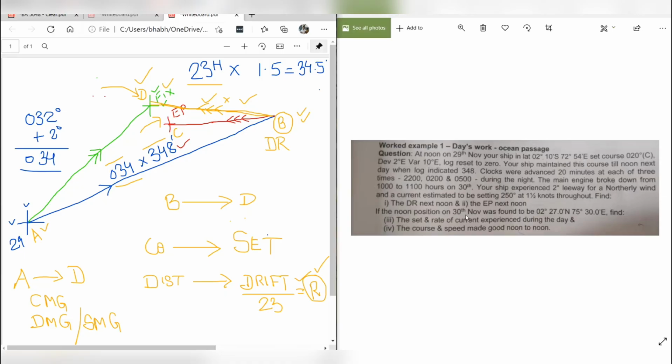So you see, the noon position on 30th was found to be 0227.0, 07530. So both the positions A and D, our noon position on 29th and noon position on 30th, are given to us. You just have to find out the course and distance between them, and that will give you straight away the course made good and the distance made good. Understood, sir. Okay.